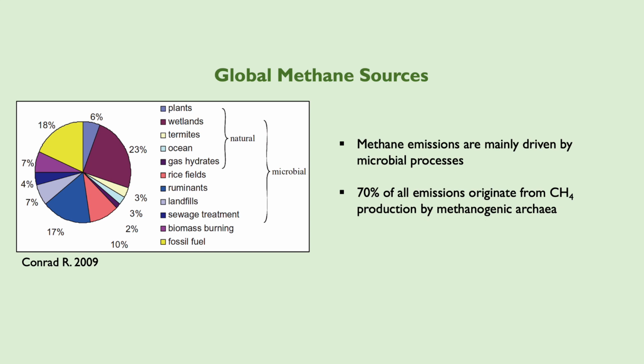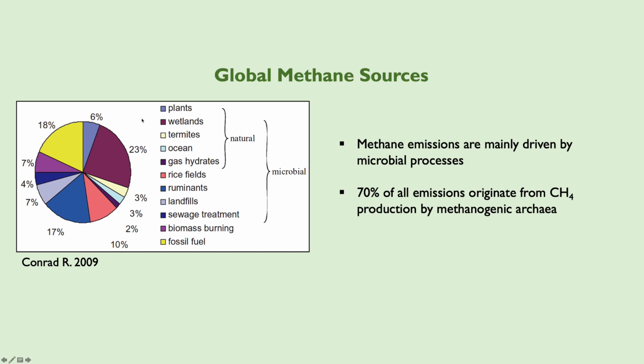Okay, and so if we want to consider methane emissions from a more biological perspective, it's important to recognize that most methane emissions are driven by microbes or microbial processes. So this pie chart here on the left represents the total percentage of methane emissions or the total methane budget.